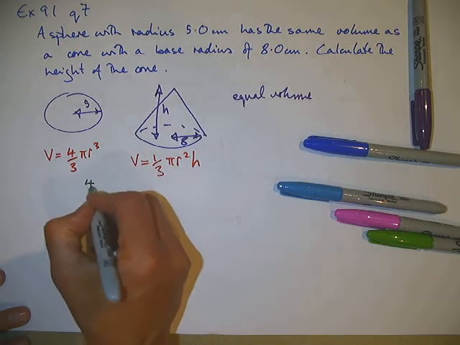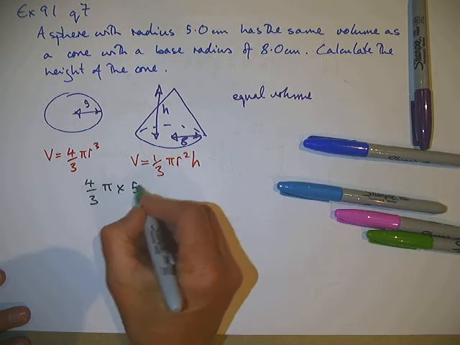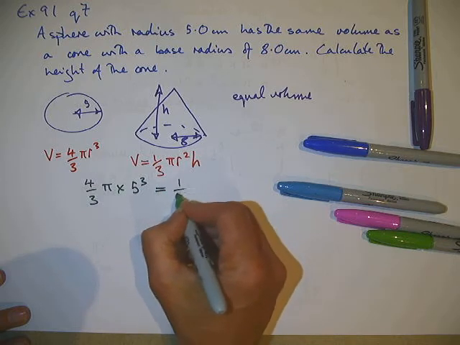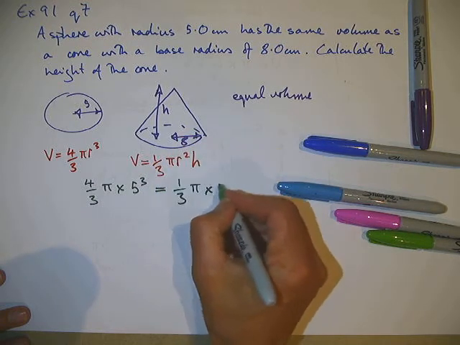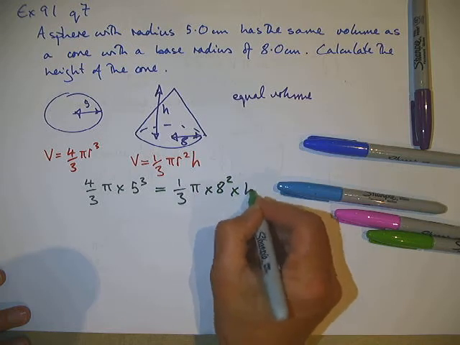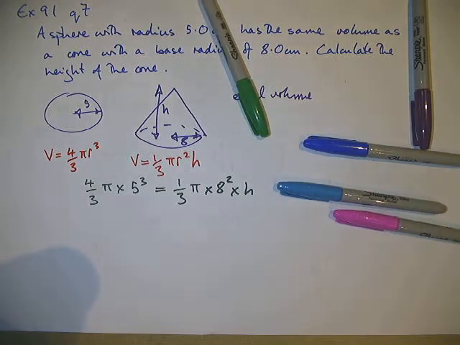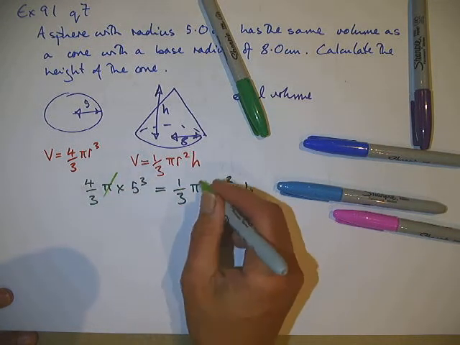So 4/3 pi times 5 cubed, r cubed, is equal to 1/3 pi r squared times the height. Right, what can you do at this point? Pi appears on both sides as a factor, cancel it.